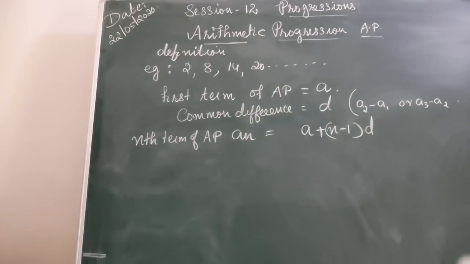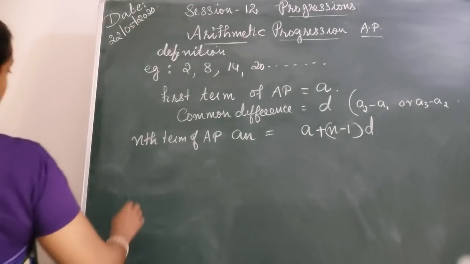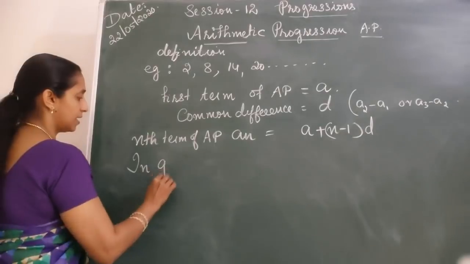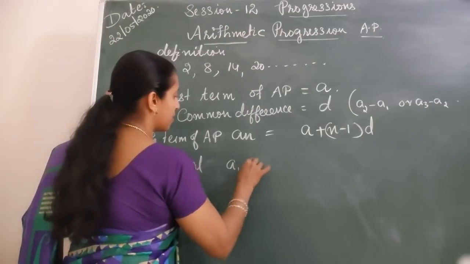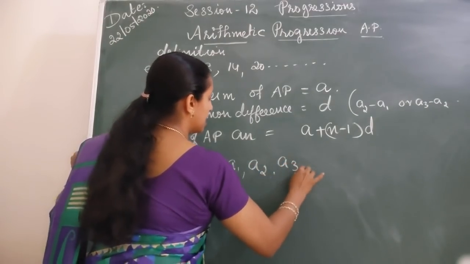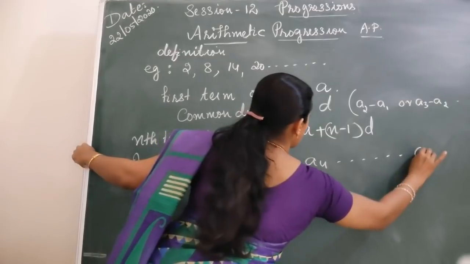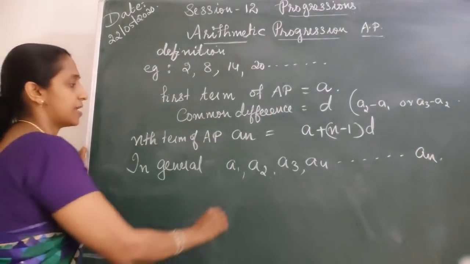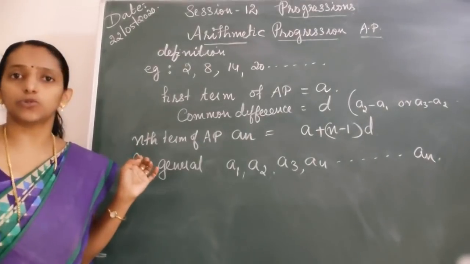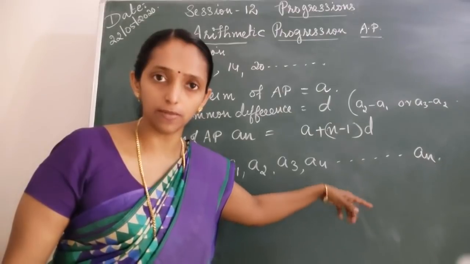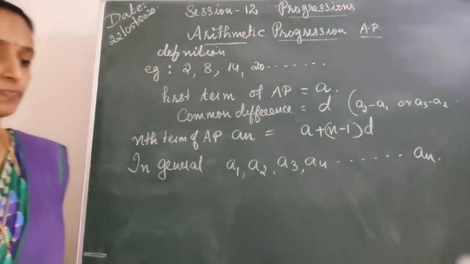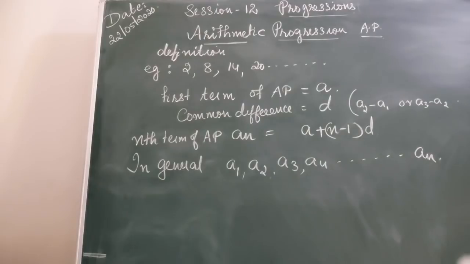The sequence can be denoted in general by A1, A2, A3, A4, and so on up to AN, where A1 is the first term, A2 is the second term, A3 is the third term, A4 is the fourth term, and so on. Just note this down.